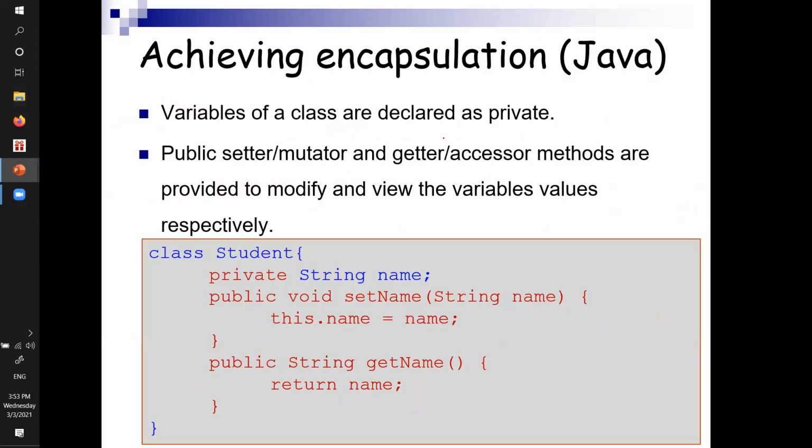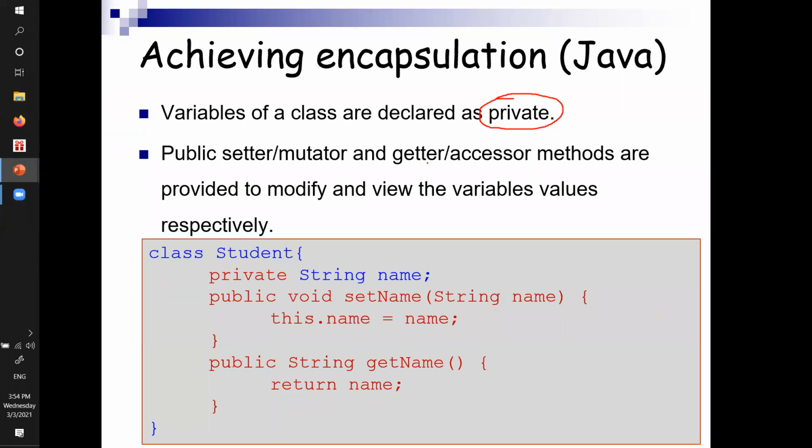In Java, we achieve encapsulation by using the private access modifier. You remember, we have public, protected, and default. Also, you have the private access modifier. When you want to achieve encapsulation in Java, you make sure that the variables of your class are declared as private.